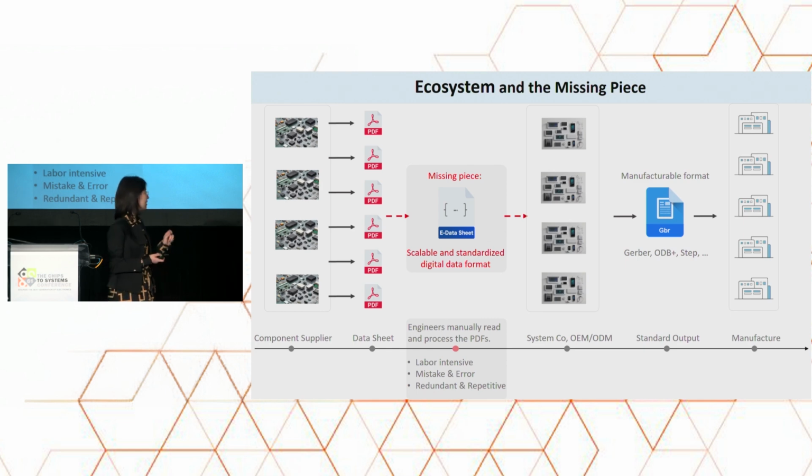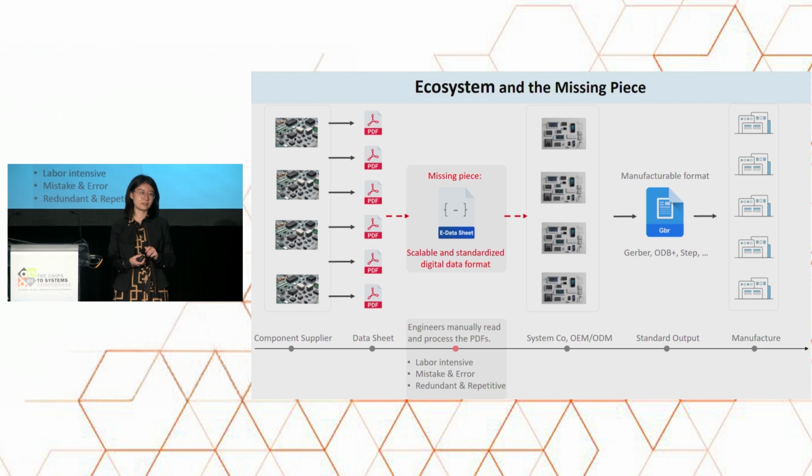Now, there are standardized data formats like Gerber file, ODB, STEP file, etc., that carry the design information for the manufacturing process. However, the design company is still relying on the PDF datasheets to get to know the component information.